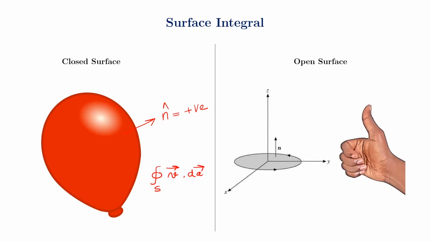Second, if the surface is an open surface, the positive normal depends on the direction in which the perimeter of the open surface is traversed. If the right hand fingers are placed in the direction of travel around the perimeter, the positive normal is indicated by the thumb of the right hand.